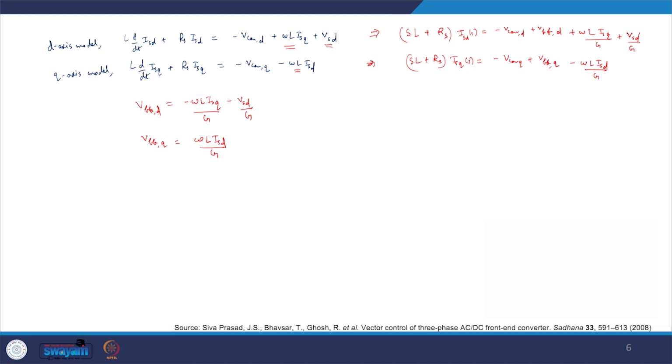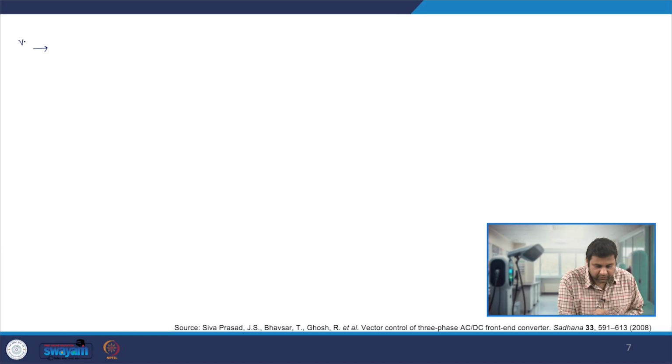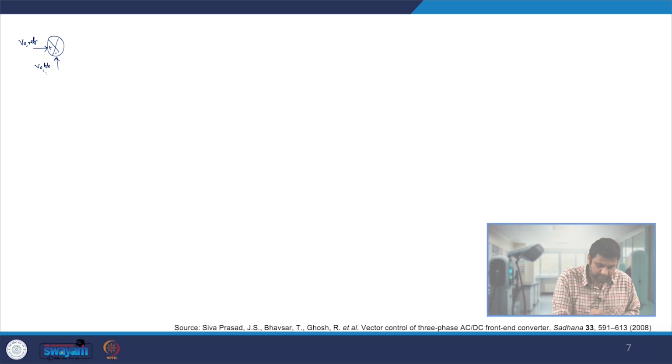So, let us draw the closed loop control diagram of the converter. Our primary objective is obviously the V naught reference, whatever V naught reference we have. This V naught reference we are comparing with V naught feedback, or V naught actual, let us say defined feedback.